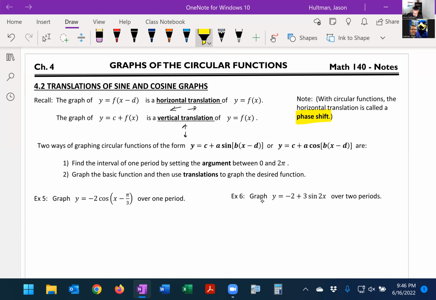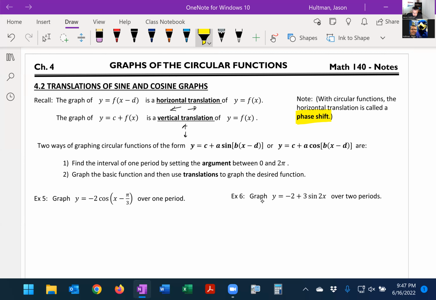Two ways to graph circular functions of the form y equals c plus a sine b x minus d. Now, a and b are the same a and b that we were working with in the previous section. C is going to be that up and down shift, and d is going to be that left and right shift. So y equals c plus a sine b times x minus d, or y equals c plus a cosine b times x minus d.